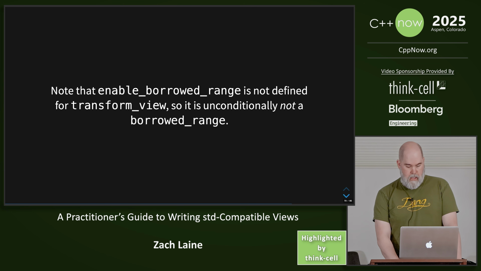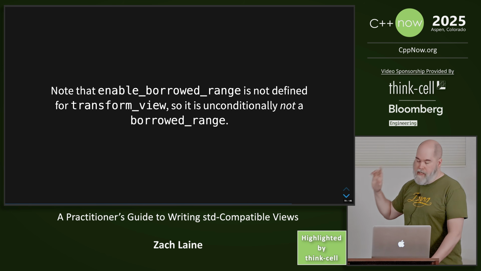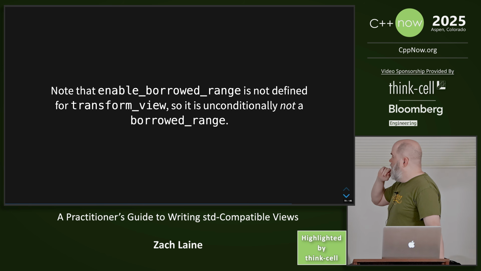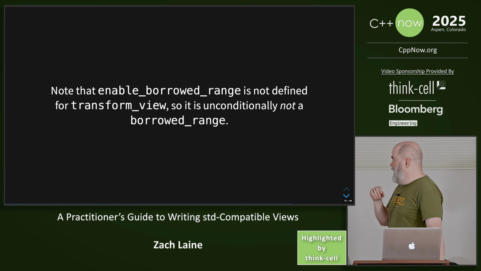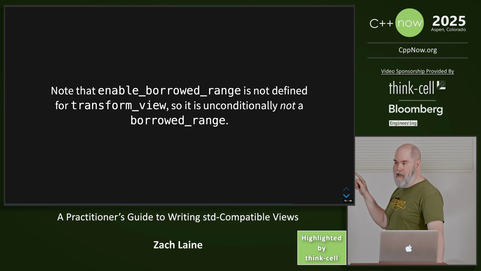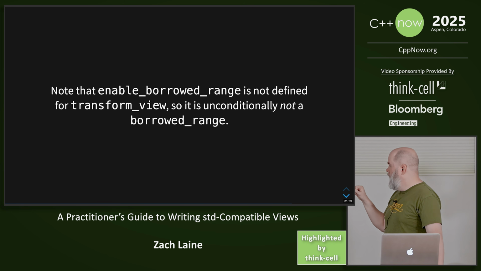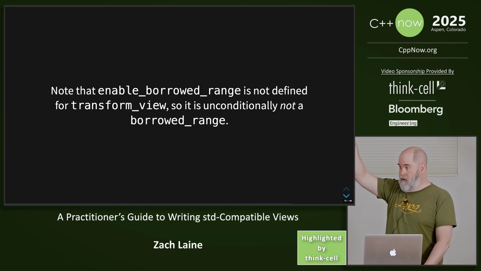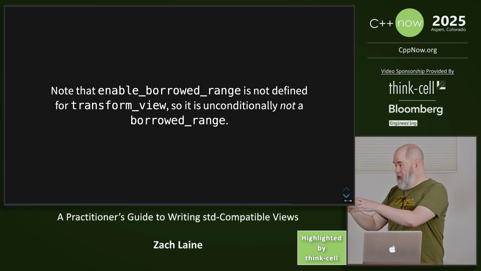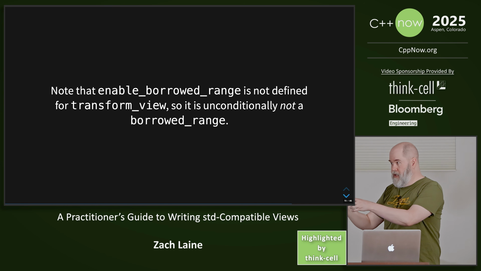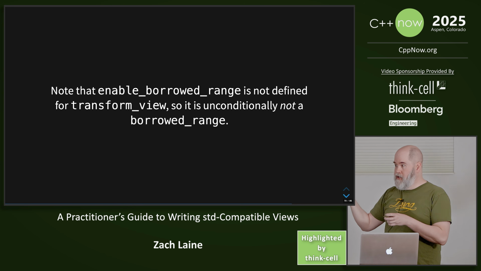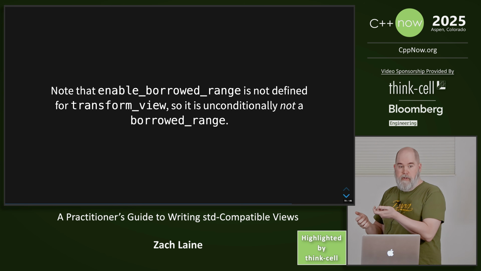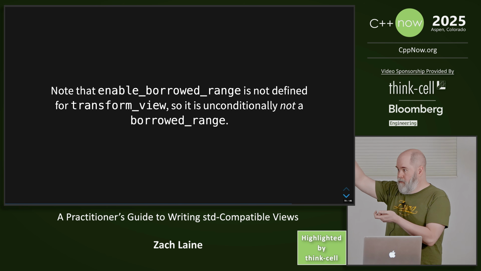Yeah. Okay, so we did not see enable_borrowed_range anywhere. As was previously pointed out in the talk, transform_view is unconditionally a non-borrowed range. And that is because you have the function f stored in the view. So if you were to take the iterator and Sentinel out of it, and the view goes out of scope, now there's no way for the iterator to do its work because it's going through its parent pointer back to the view, which is something that's already outside of its lifetime.